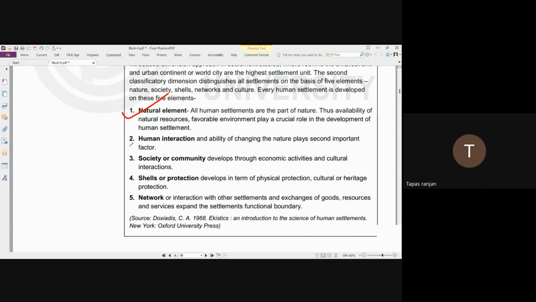Then you have safety or protection. Everywhere you are going to see all those settlements that have been built in rural areas or even in urban areas, they basically look into the security aspect.